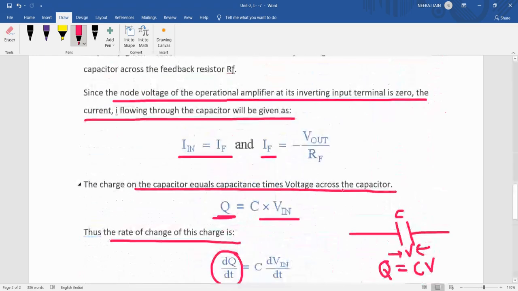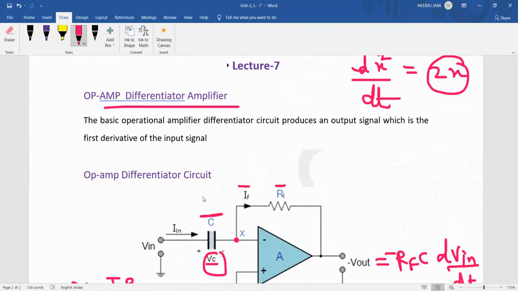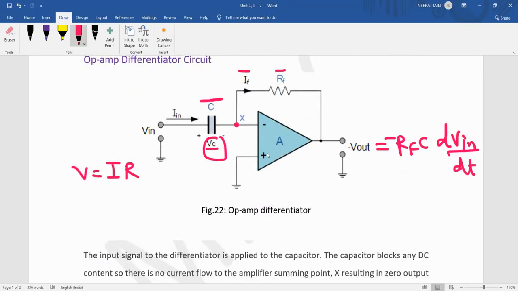So in this manner, we can make the circuit diagram of the op-amp with the help of the 741 IC. Here it is terminal number 2, terminal number 3, these are the two input terminals, and these are the supply terminals 7 and 4.